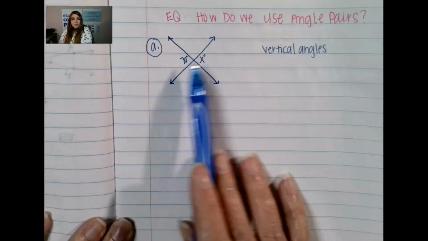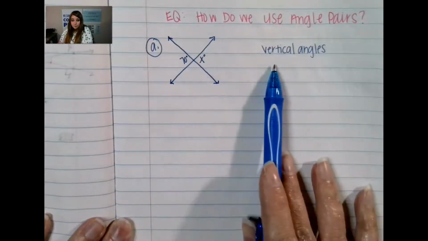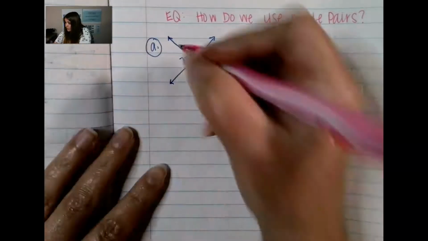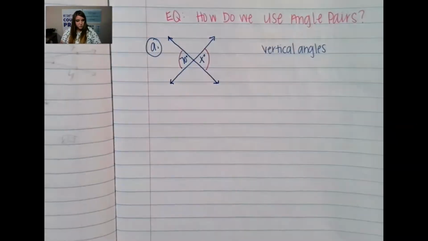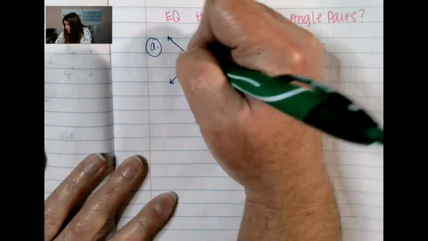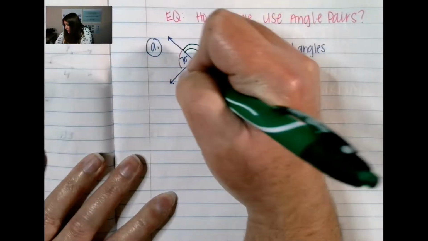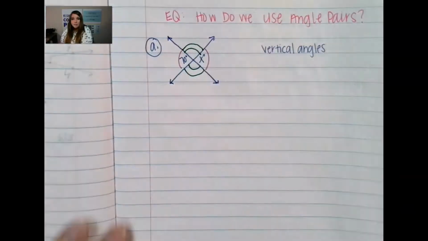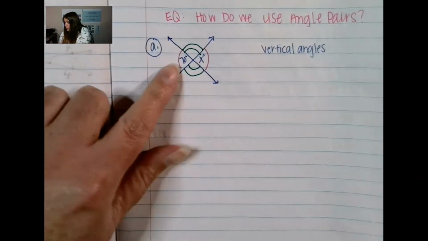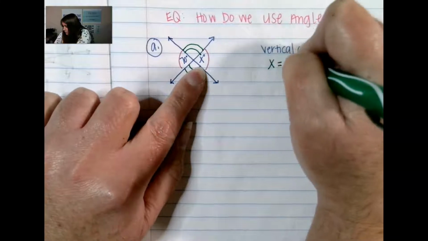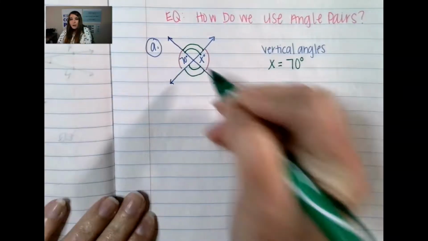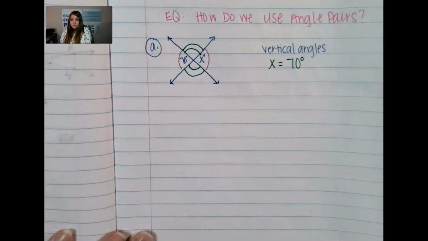So because they're the same, this side and this side are the same, which means that this angle here and this angle here are the same measure. So the unknown, X, is going to equal 70 because it's directly across.